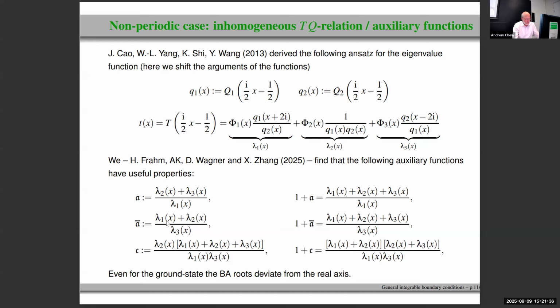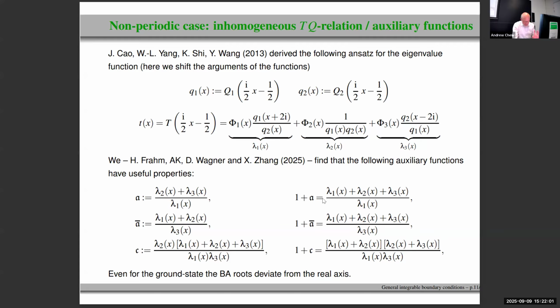It's a similar expression C, yet another one, and when you add ones to these A and A bar and C, then you see that these functions factorize, and they give the transfer matrix eigenvalue, and factors that appeared already on the left-hand side. So this is nice about them.